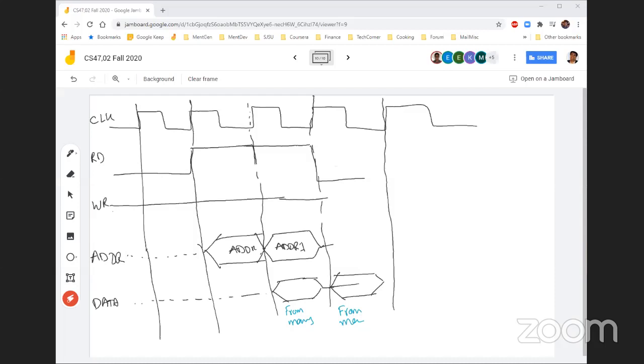Now let's say we want to set up a write operation at this point. So what shall we do? We shall keep the read at 0 and the write at 1 at this cycle, and the processor needs to send a write address. But for the write operation, the processor needs to send the data as well.